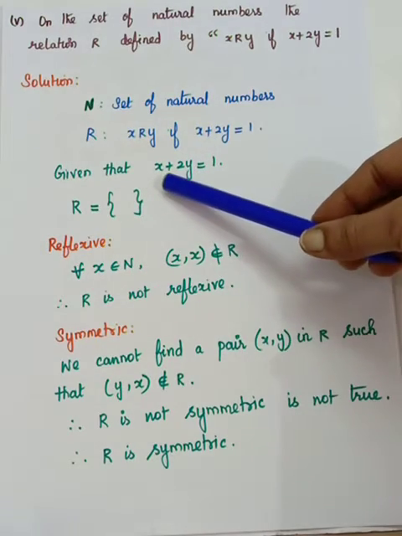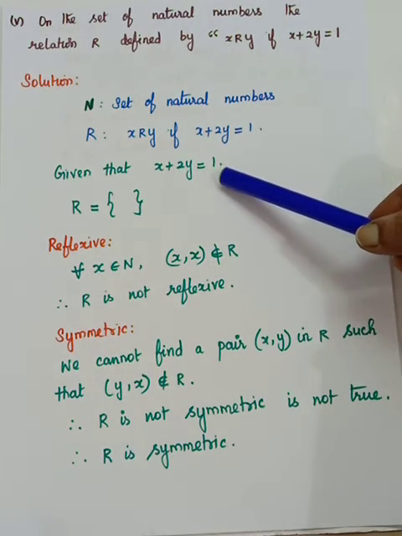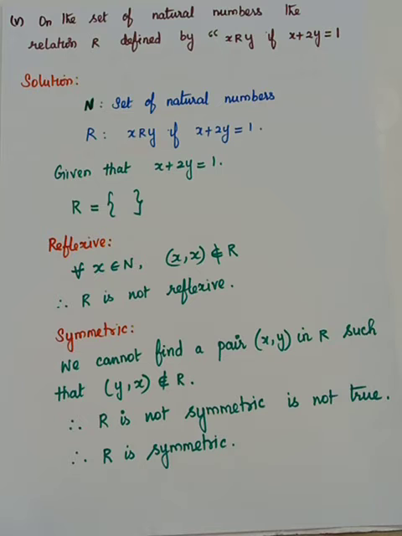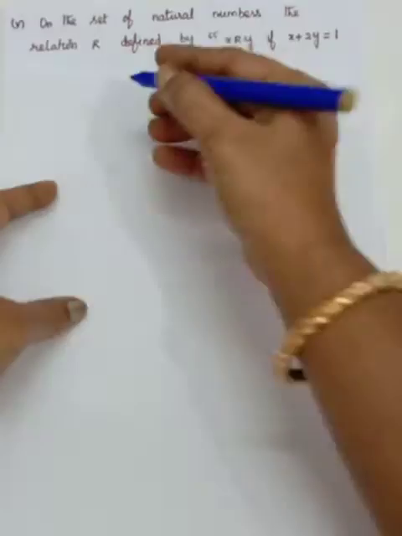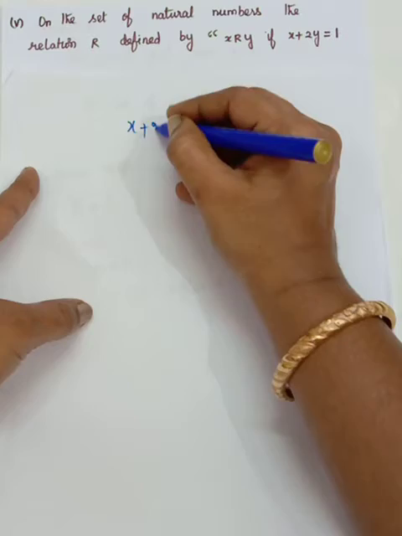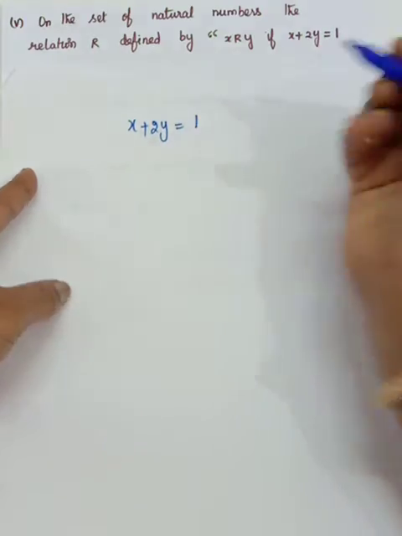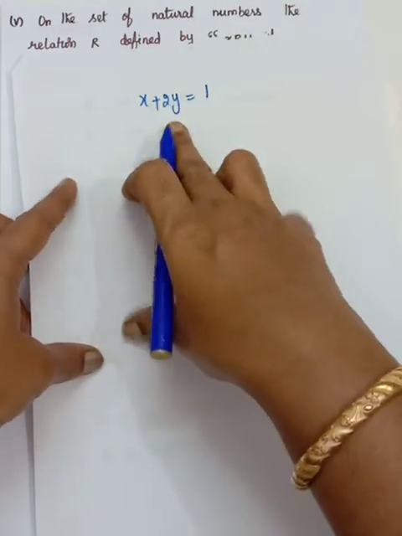You take the relation x plus 2y is equal to 1. So we have to list out all the pairs in the relation. What is the condition here? It is x plus 2y is equal to 1, where x and y are natural numbers.